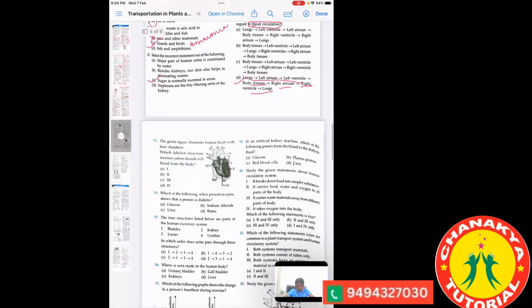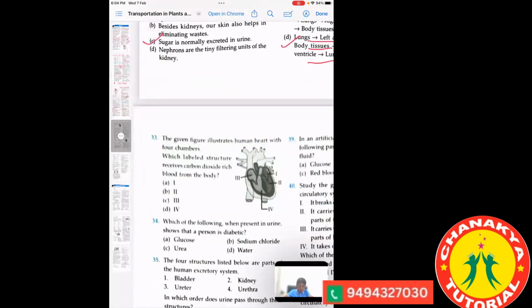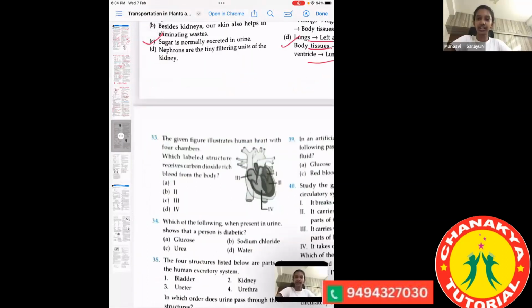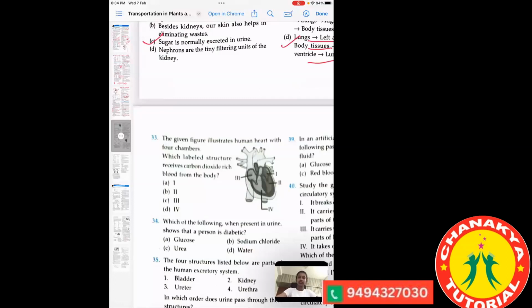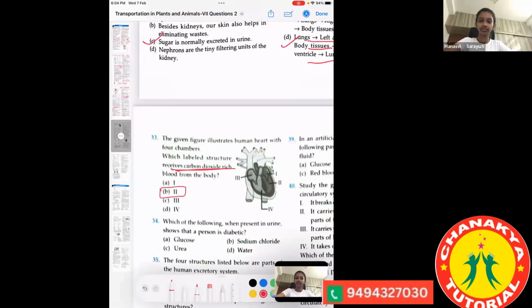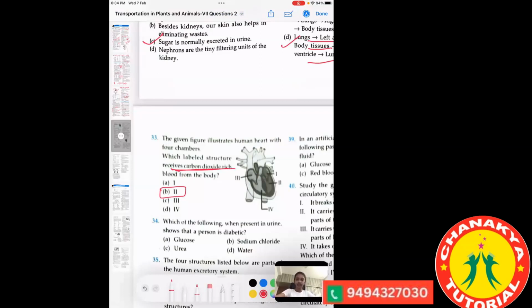Question number 33, Manasvi. The given figure illustrates the human heart with 4 chambers. Which labelled structure receives carbon dioxide-rich blood from the body? Ma'am, B. We have to say who will be receiving the carbon dioxide. You are saying B. Yes, ma'am. In which chamber will you find the deoxygenated blood?